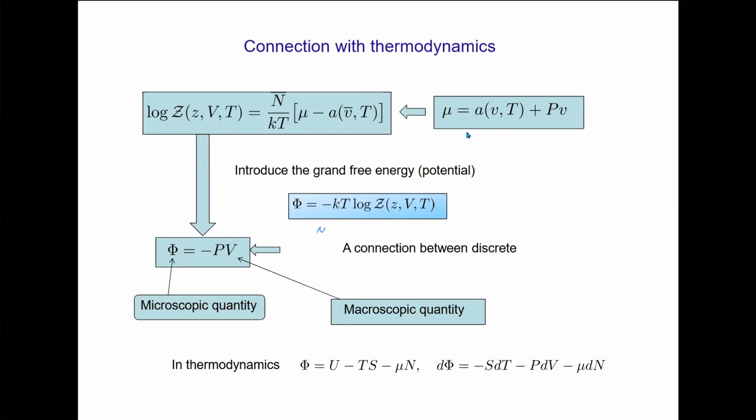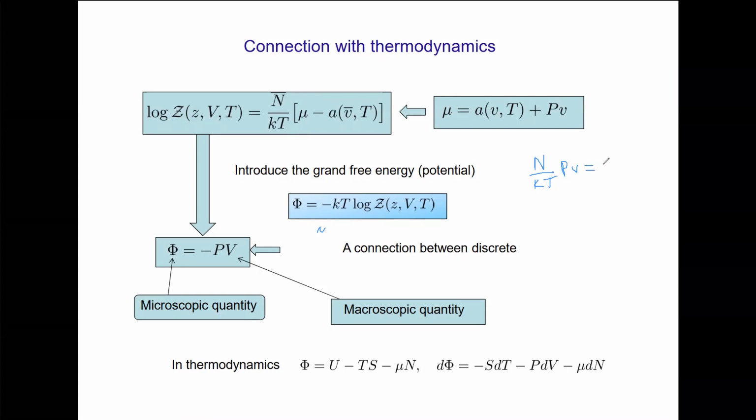Now, if we take this expression coming from thermodynamics and substitute it in here, on the right-hand side we get n over kT, and the expression in brackets becomes a minus a plus pv, it becomes P little v.